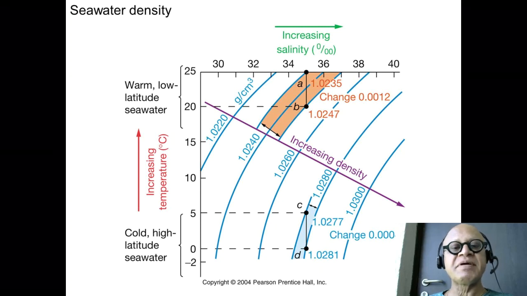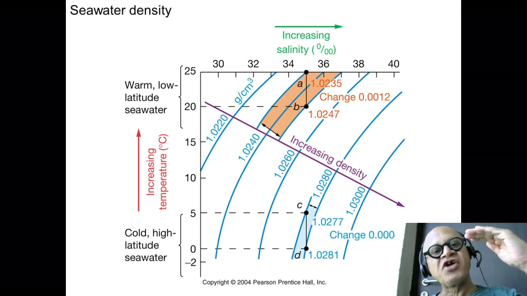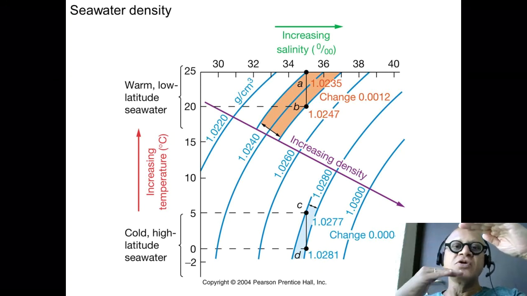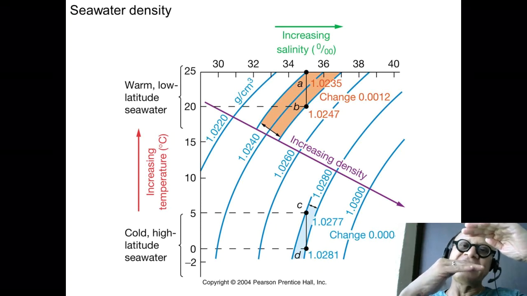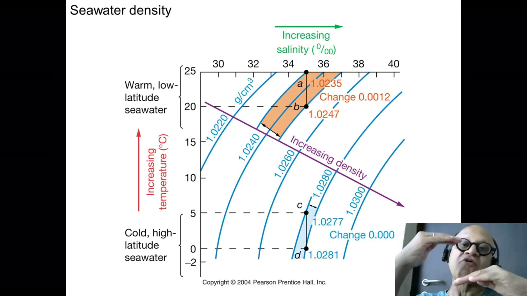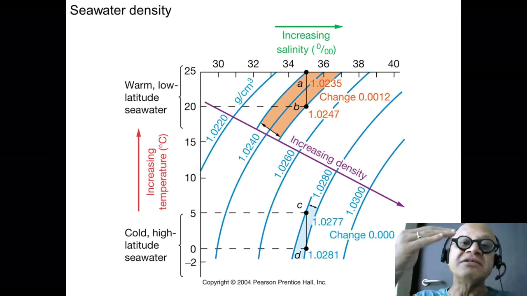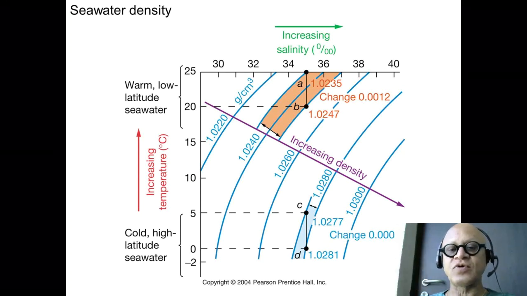So this is the impact of non-linearity of seawater density on temperature and salinity. Something we have to remember, it makes for lots of interesting flow features where you're mixing warm, fresh river water with cold, saline ocean water and so on, and how you can create density-driven circulations. Okay, so we'll learn a bit more about that later on.